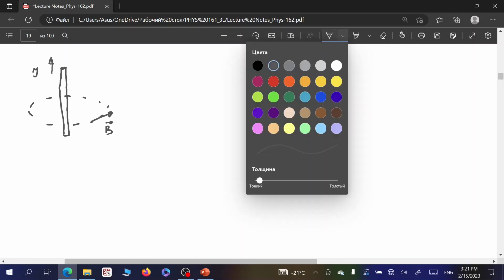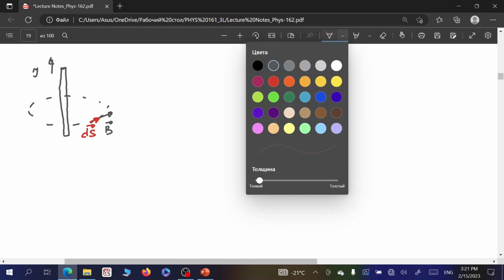Let us do the following. We will choose, let me change the color, some ds vector along this circular path at some distance from the conductor. So this is the radius of the circle which we consider around the conductor.